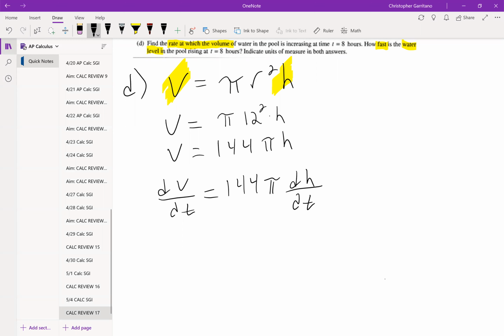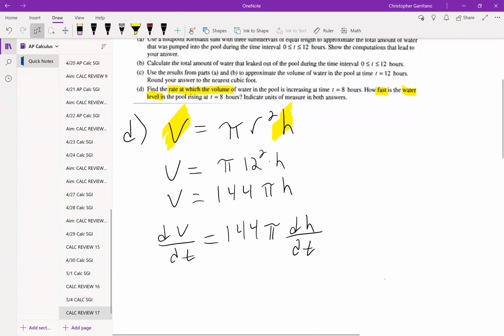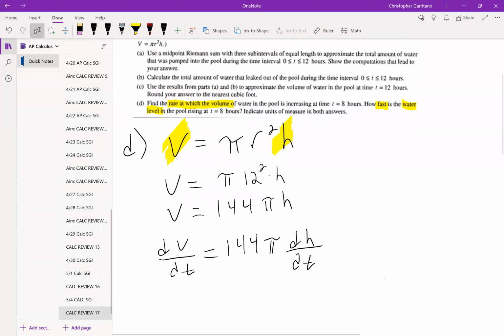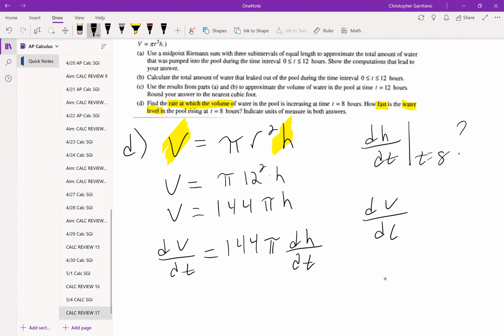Now, the question is, we want dH dt at t equals 8, and we want dV dt at t equals 8, right? At this moment, it seems like both of those are unknown, but let's look back at the problem.